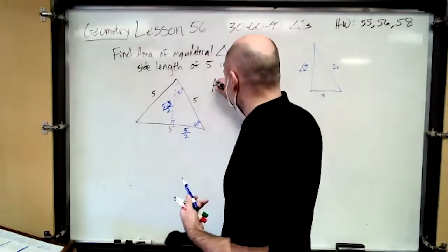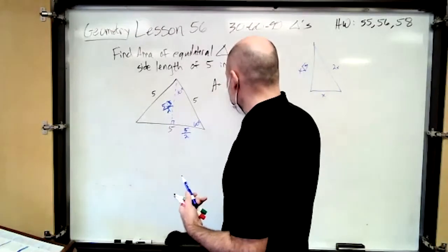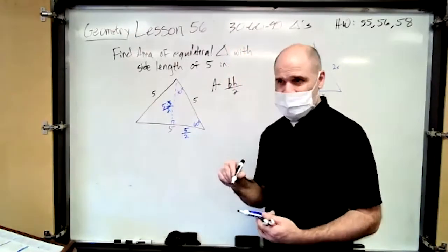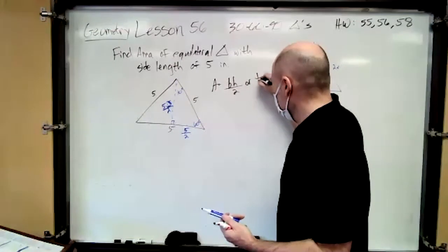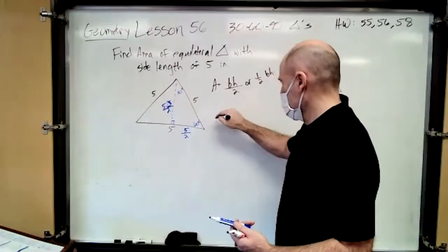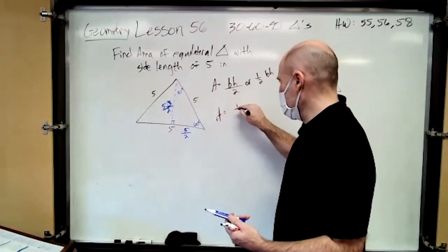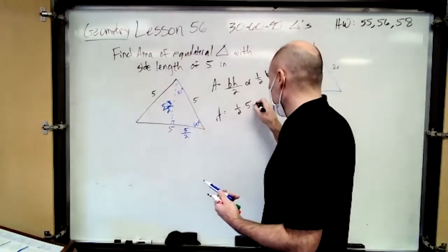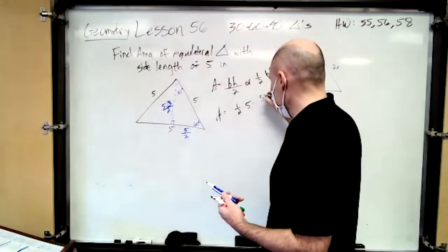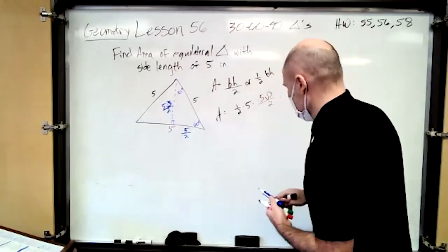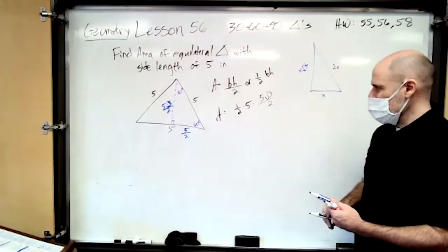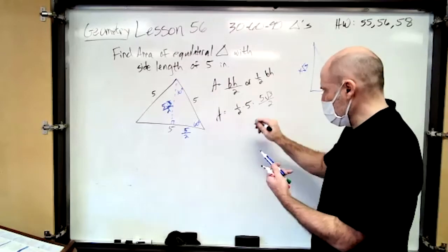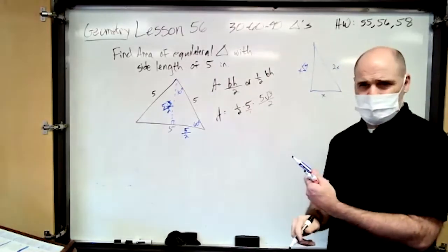So area equals base times height all divided by 2, right? Or 1/2 base times height. So the base is 5, the whole base is 5. And then the height is 5 radical 3 over 2. So if I just multiply all the tops, because that's just 5 over 1, right?